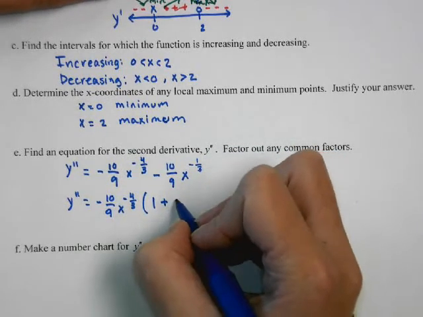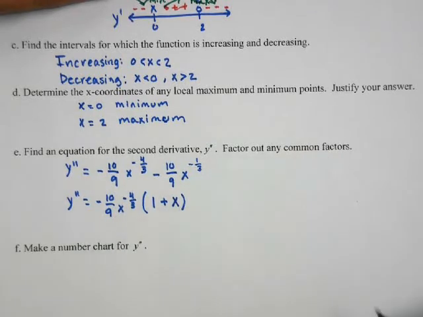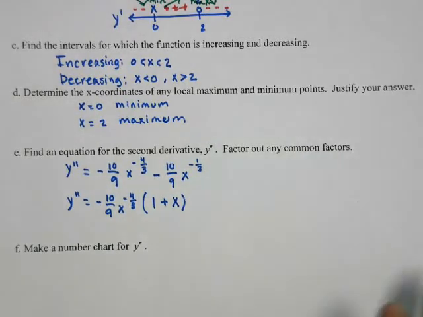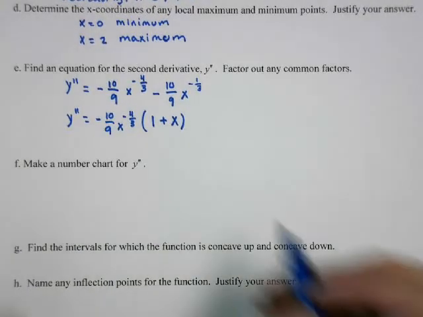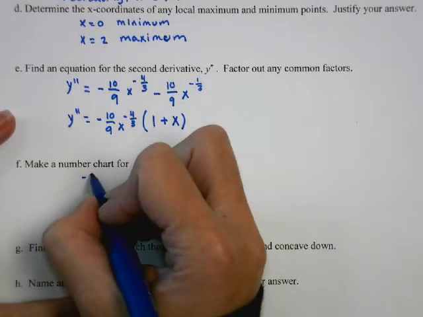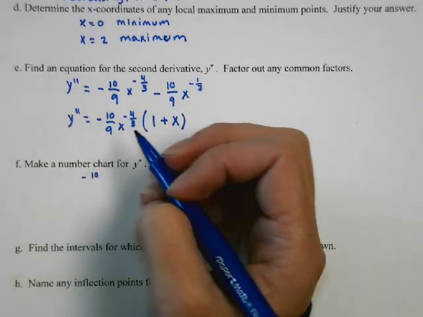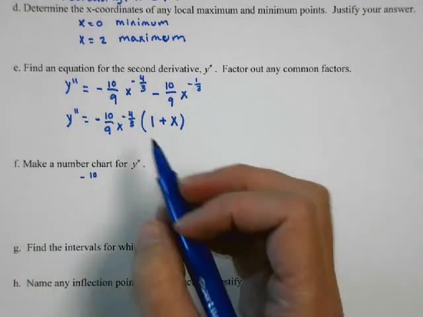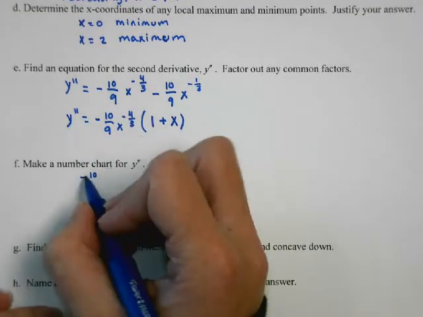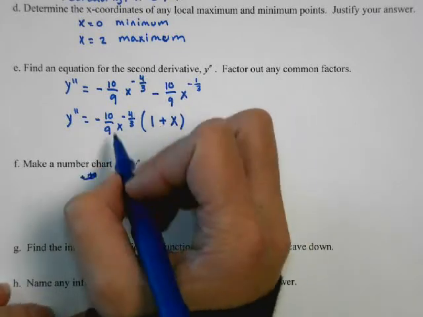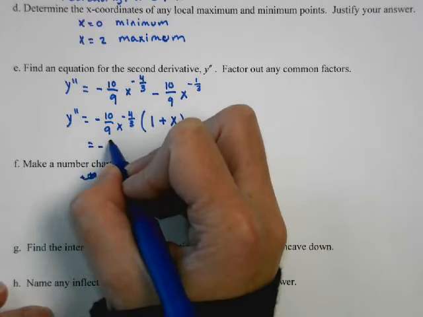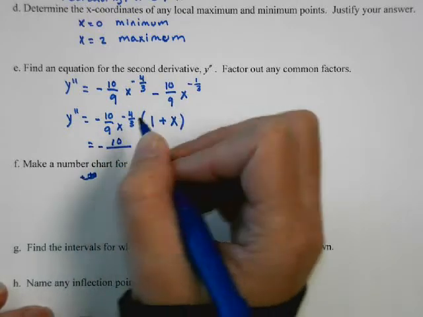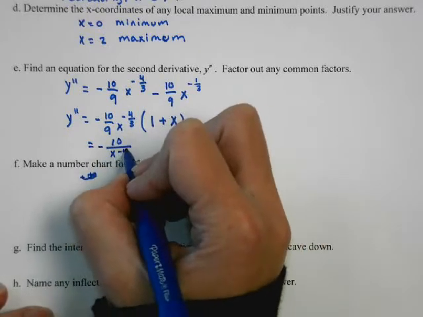We'll do a number line chart here for those. I'm going to rewrite this one. This is going to be negative 10. Here's what I'm going to do. I'm going to write this as negative 10 over x to the 4 over 3, times 1 plus x.